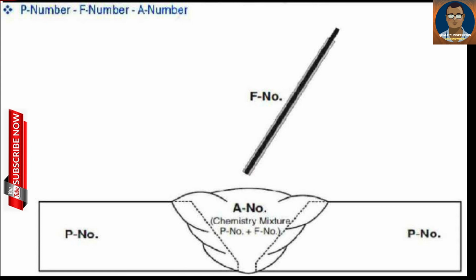So this is a combination of P number and F number. What is F number? Filler number. So the parent material has a P number, and filler material has an F number. When the welding is completed, the parent metal and filler metal are completely mixed together, and then the mixed chemistry is named as A number. So it is a chemistry of the mixture, A number. So the idea, I think, is clear for you now.